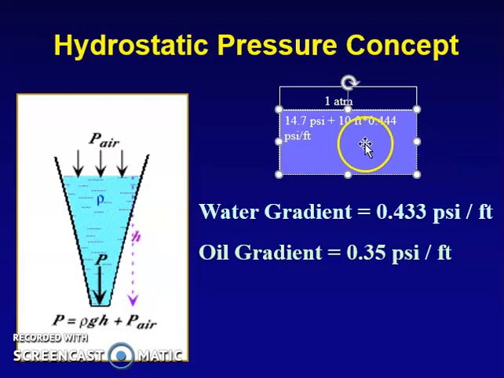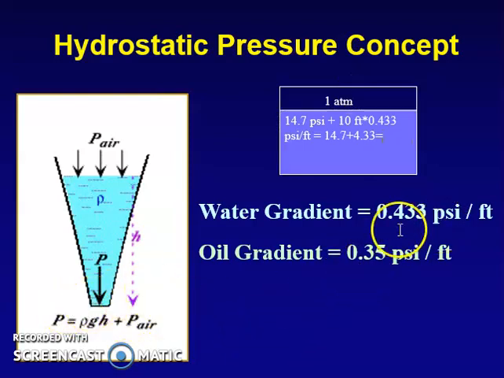So you can see that this foot by this foot cancels out and the unit remains to be psi, right? So that makes it 14.7 plus 4.33, right? So that's equal to whatever number it is, would be the pressure at the bottom of this.